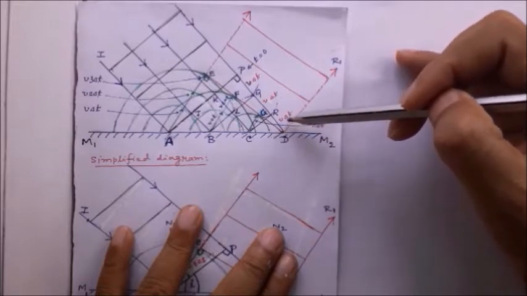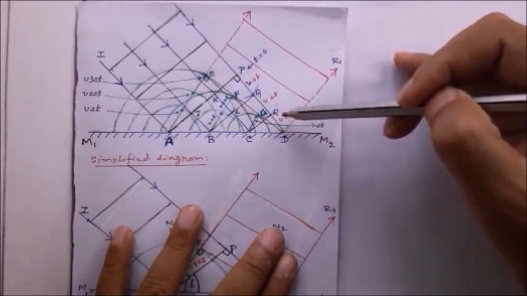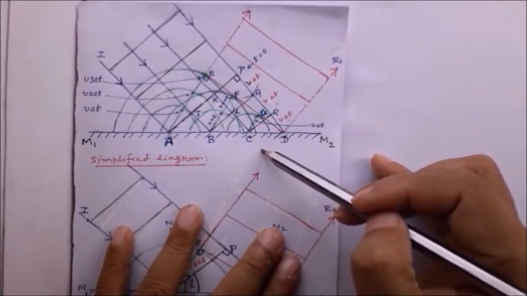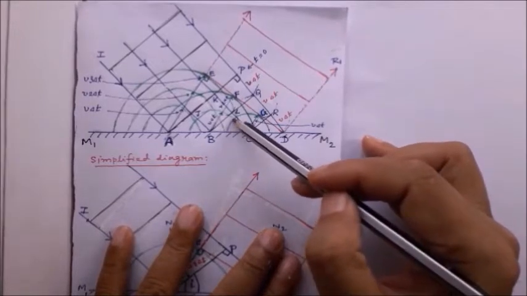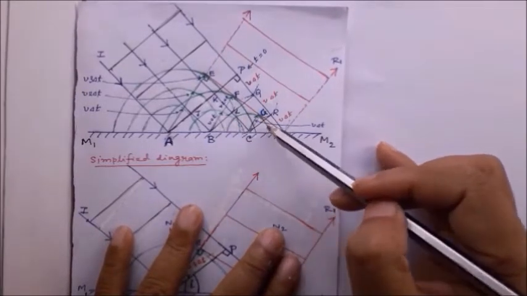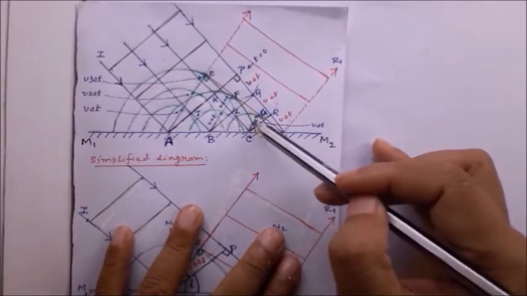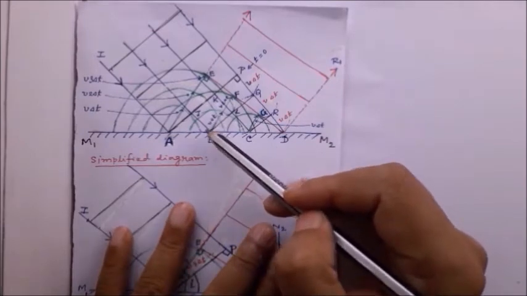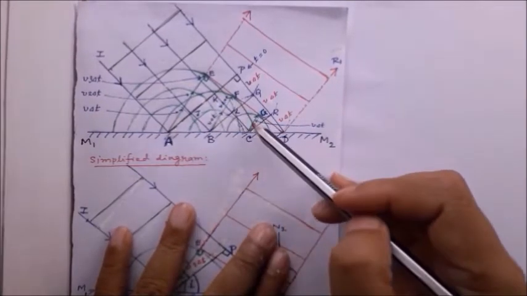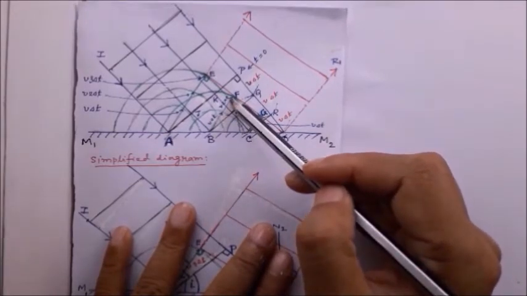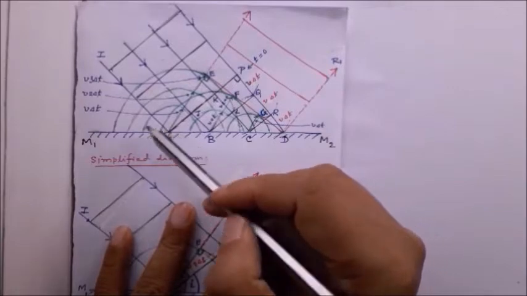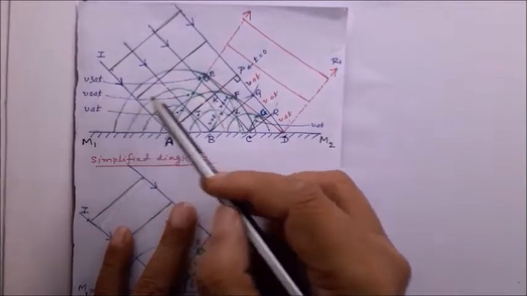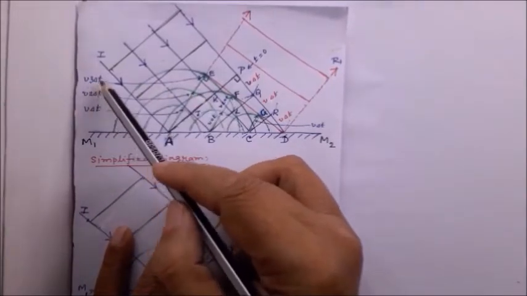This is that wavelet sphere, and in this period of time C cannot go here, and therefore C will emit wave which lies on a sphere of radius V delta t, and B now will emit a spherical wave of radius V twice delta t, and A will emit a secondary wave sphere having a radius thrice delta t. Earlier we were here, so now it will be V thrice delta t.